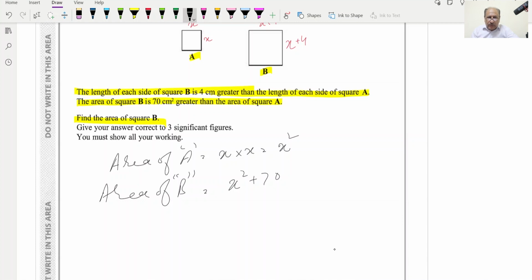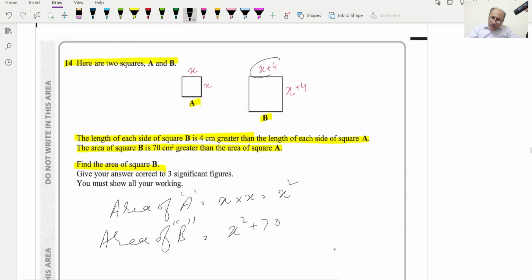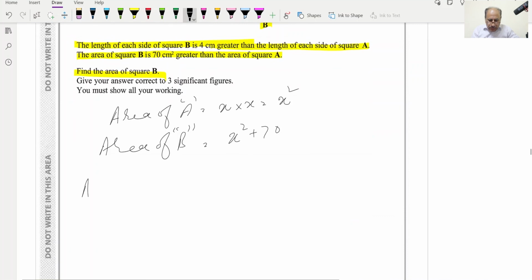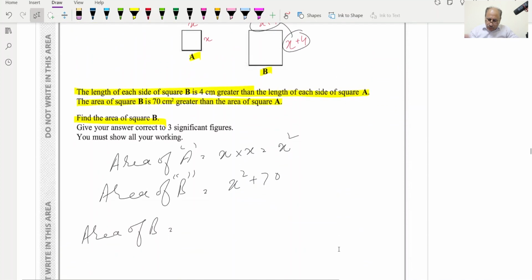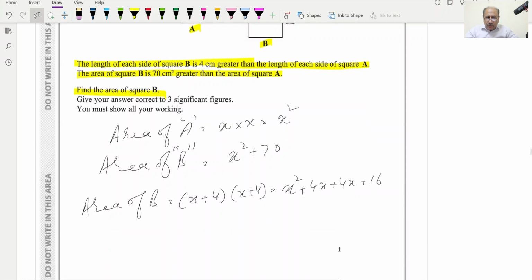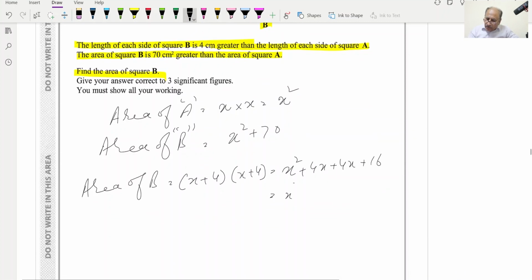So we can multiply these two and get the area of B. Area of B is equal to (x plus 4) times (x plus 4), and if we multiply we will get x squared plus 4x plus 4x plus 16, which simplifies to x squared plus 8x plus 16.